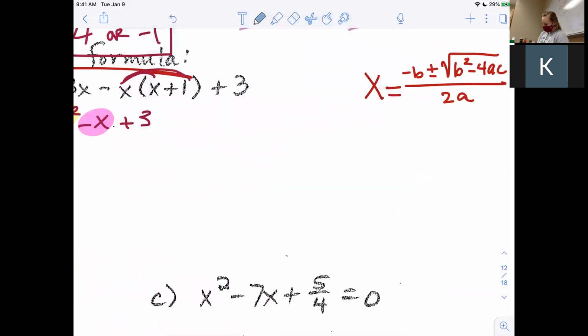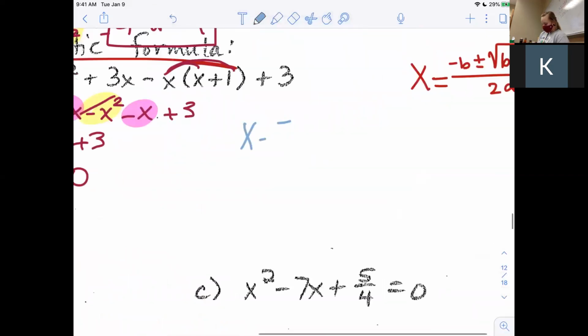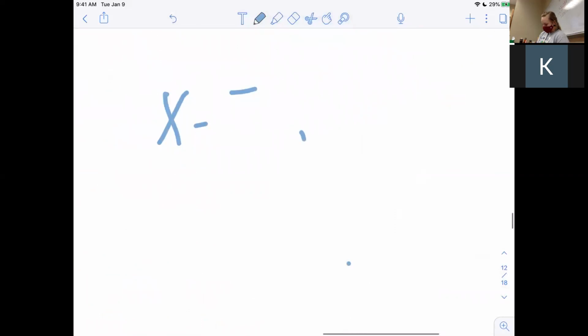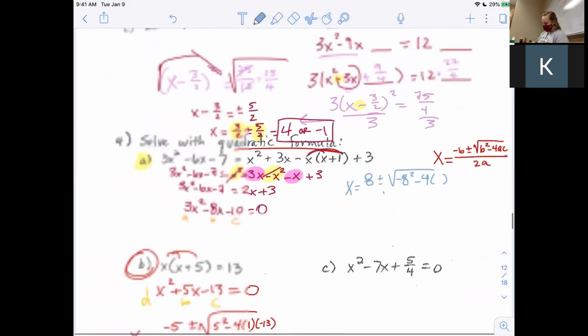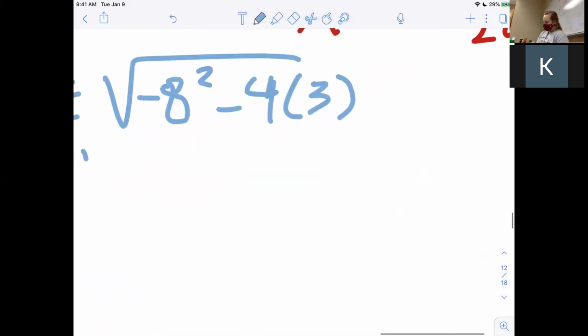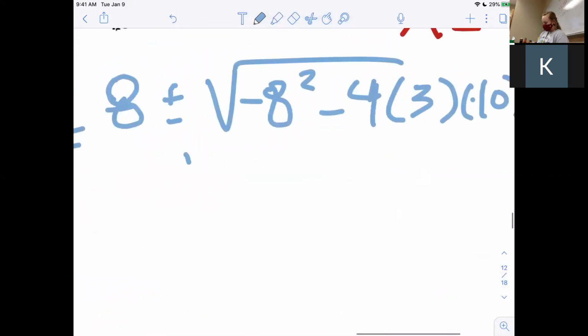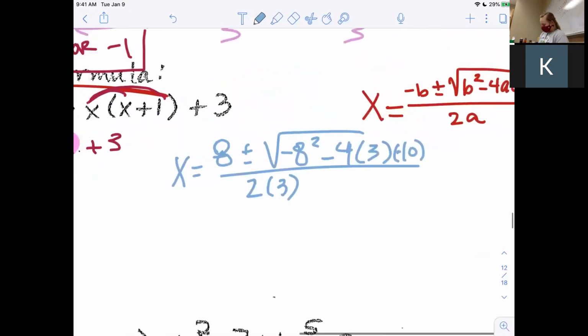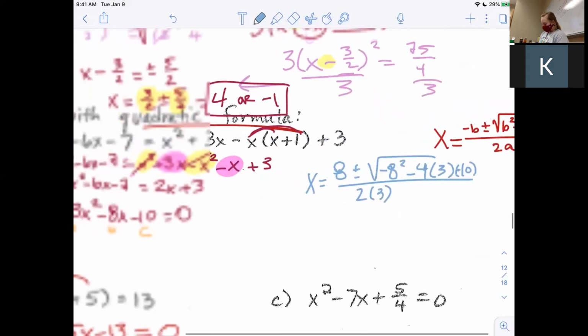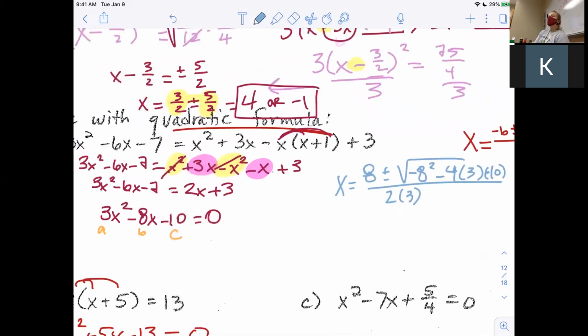I've got x equals negative b, and b is negative 8, so it'll be positive 8, plus or minus the square root of b squared, negative 8 squared, minus 4 times a, which is 3, times c, which is negative 10, over 2 times a, which is 3. So that's how I plugged it into my quadratic formula. Are we okay with that? Quadratic formula.